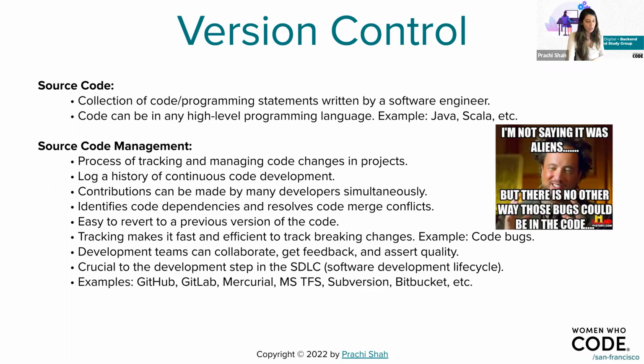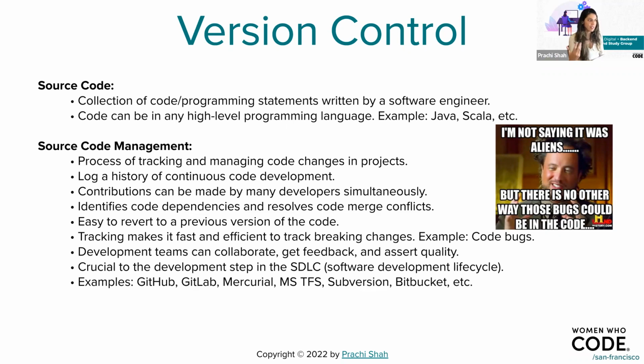Because we have a history and a log, source code management systems allow us to revert to a previous good version of code. You commit something, let's say it introduces some bug that you didn't know of, in a certain piece of the code of the project that you were not aware of, you can always go back and revert your code to a previous good version, and then do your research around what is happening.